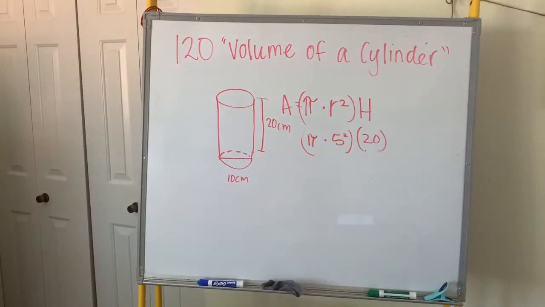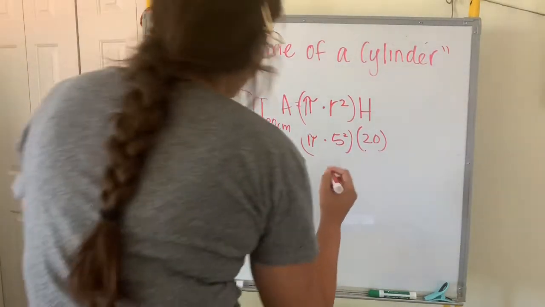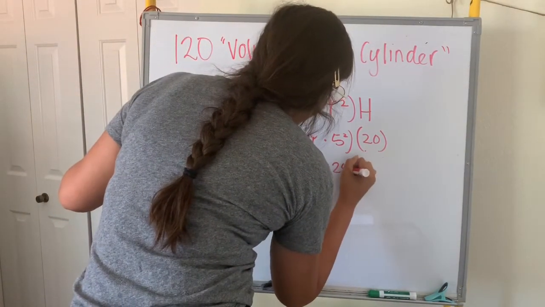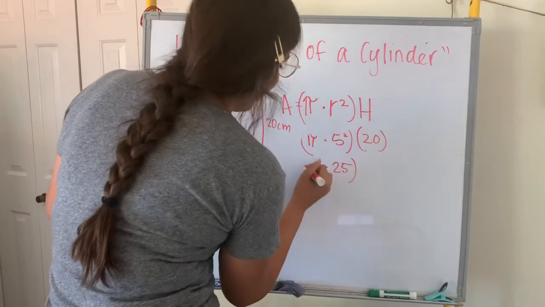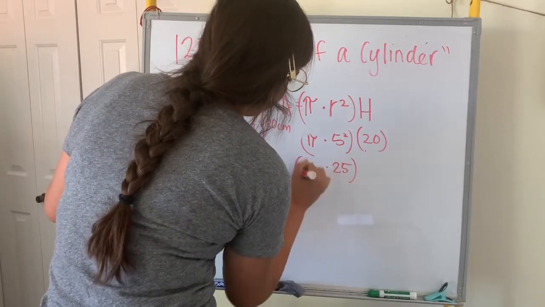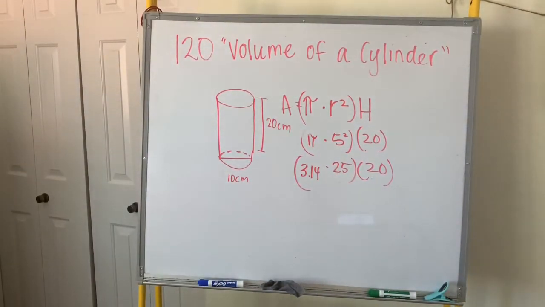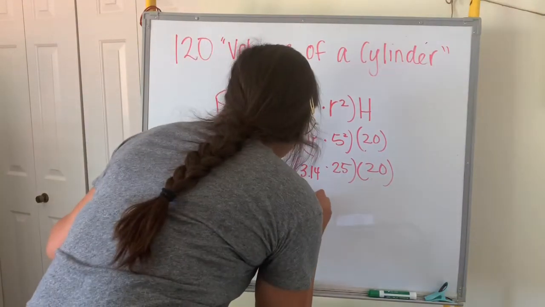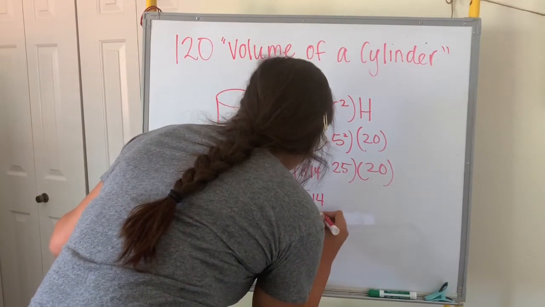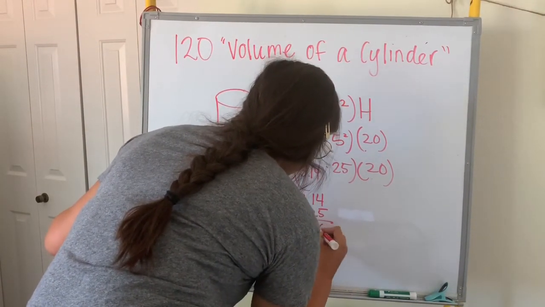Okay, let's keep going. We know that 5 squared is going to be 25, and we know that pi is 3.14. So next, I need to do 3.14 times 25.